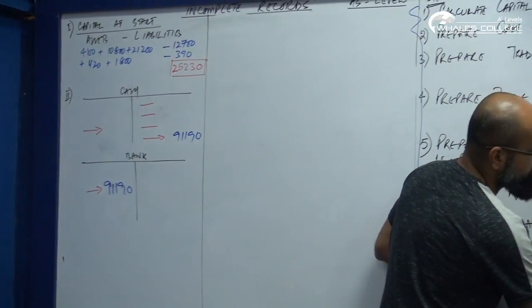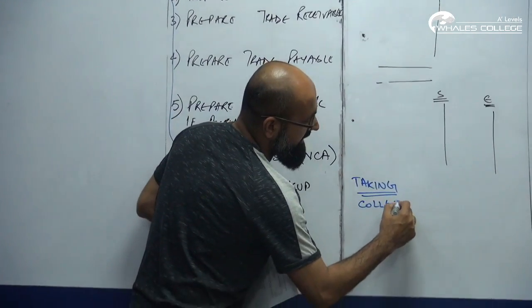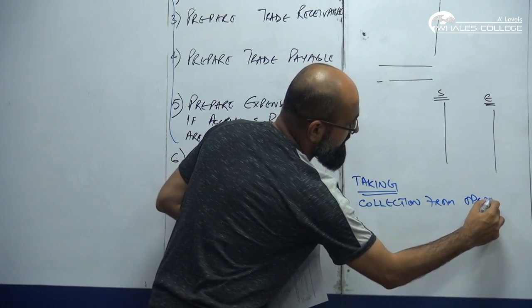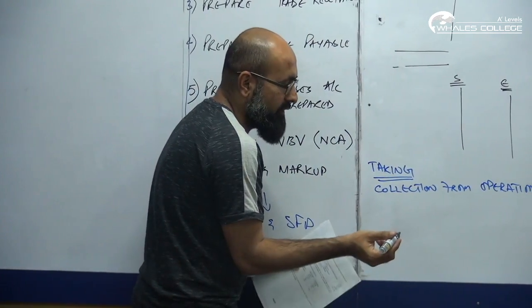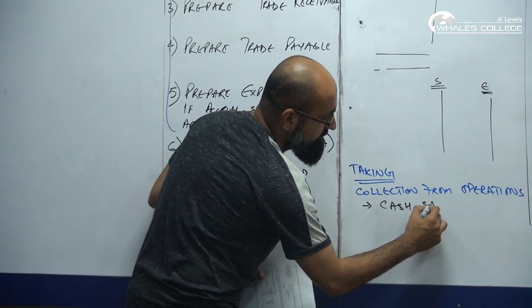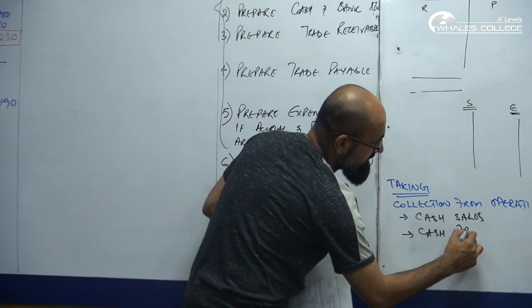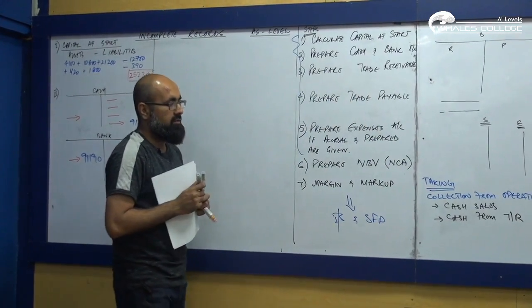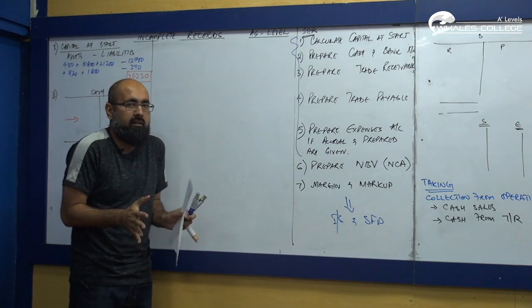Remember the meaning of takings. Takings mean collection from operations. Now tell me, operations. If your business is trading, the collection is made by cash sales or by receivables. There is no other source. Takings specifically means the collection of cash at the counter.